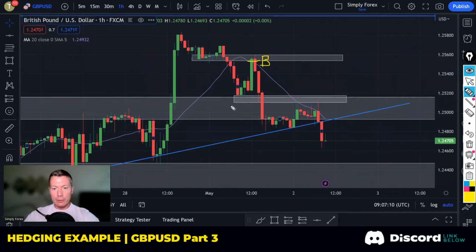Remember, the original sell order was closed for a very small profit. I closed this sell order at the close of this candle here, and then I put another sell order in here. So currently, guys, I am in this buy order and this sell order.